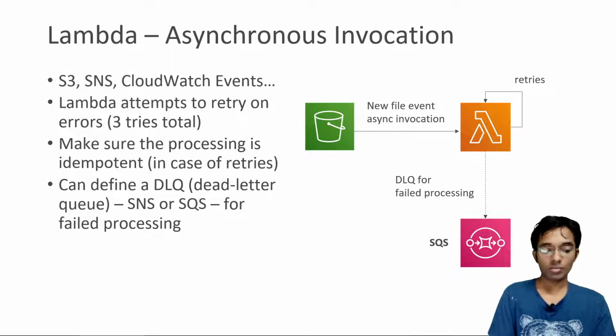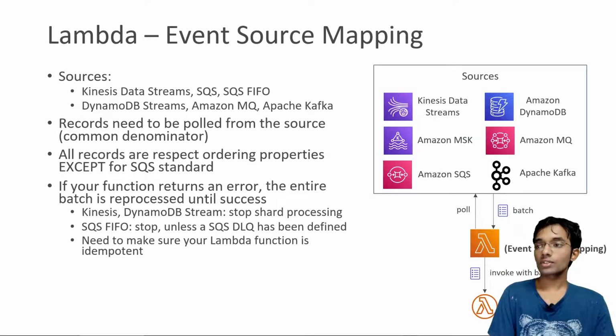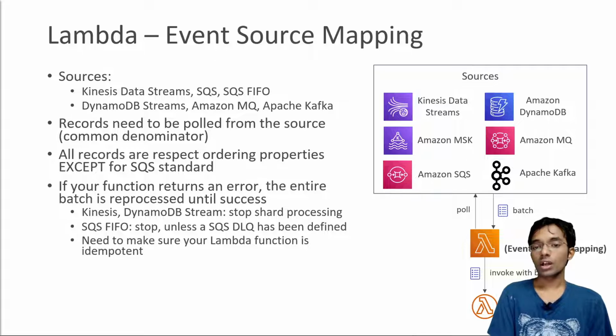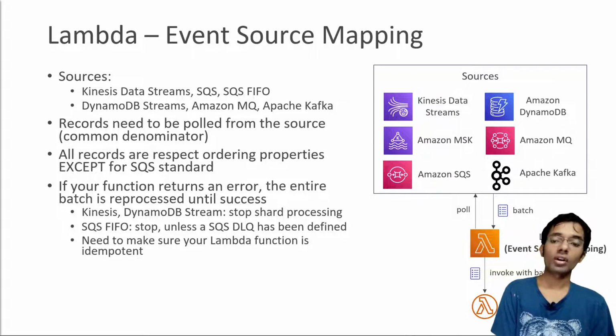Another kind of processing for Lambda is event source mapping, and this is applicable to sources such as Kinesis data streams, SQS, SQS FIFO, DynamoDB streams, Amazon MQ, and Apache Kafka. Apache Kafka is similar to Kinesis data streams; Kinesis data streams is built on Apache Kafka.